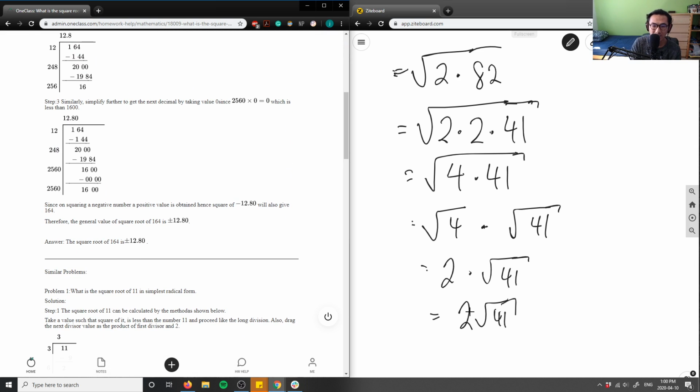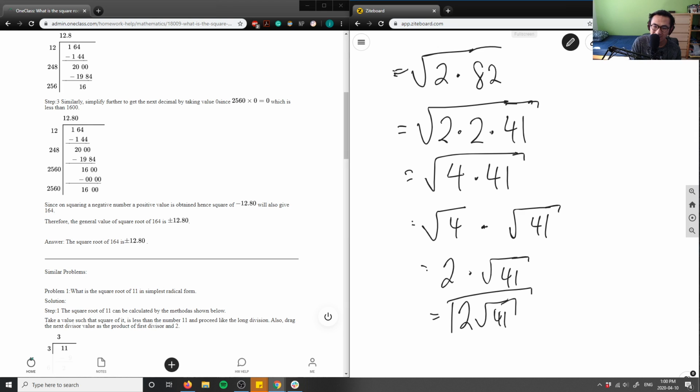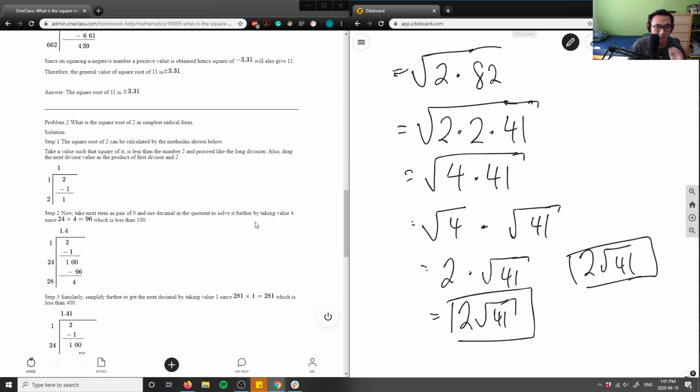Simplified radical form means that I have exact values here. If you input 2 root 41, this would also equal root 164. So in this case, I think this is actually a wrong answer, because this here is not the exact value. 2 root 41 would be 12.80, which is correct, but the answer should have been written as 2 root 41.